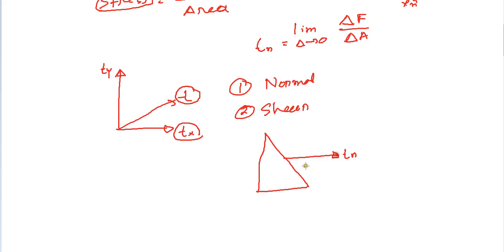Then its normal component would be perpendicular to the plane, the normal component sigma, and the shear component is parallel to this plane. I'm going to change the color, it'll be better for you. So it's the normal component of this traction vector, and the shear component is parallel to this plane, say sigma s or tau s, something like that.